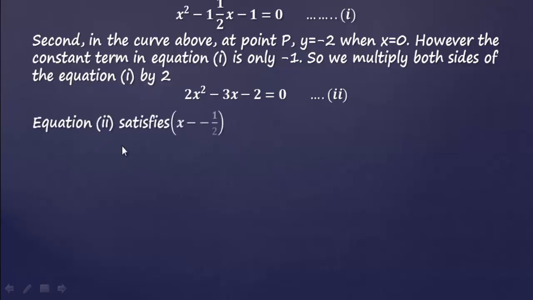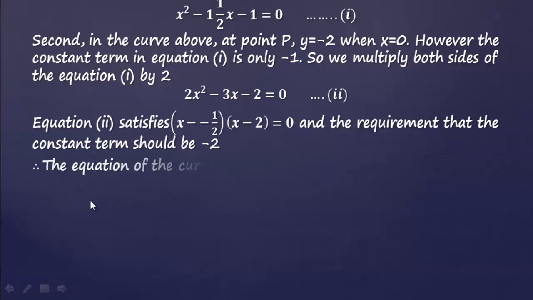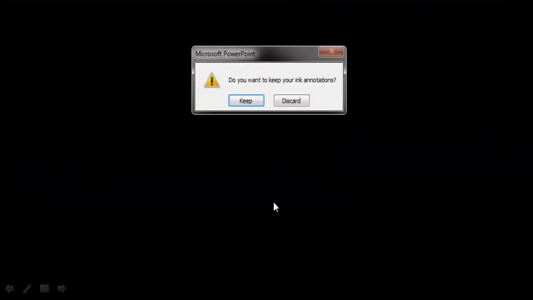Now equation 2 satisfies x plus 1 over 2 and x minus 2 equals 0, and the requirement that the constant term should be minus 2. The equation of the curve is y equals 2x squared minus 3x minus 2.